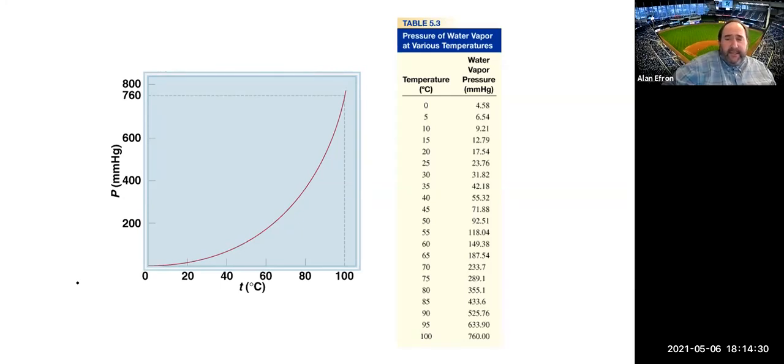But you can see it really is based off of temperature. So in an experiment like this, you would take the temperature of the room, go to the table, look it up, and do the subtraction. It essentially is a correction factor for the way the experiment was actually performed.